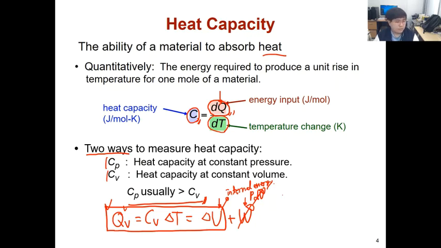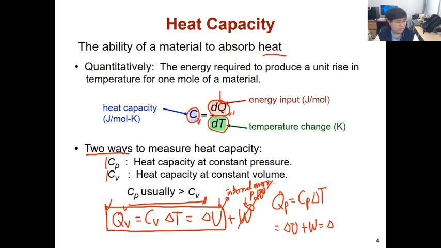Similarly, we can determine the energy change at constant pressure. The heat capacity is simply defined like this, as a linear combination of the temperature, and this energy is also a simple summation of the internal energy change and external work.